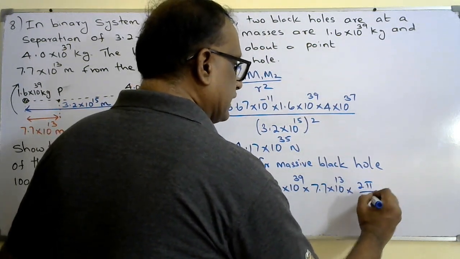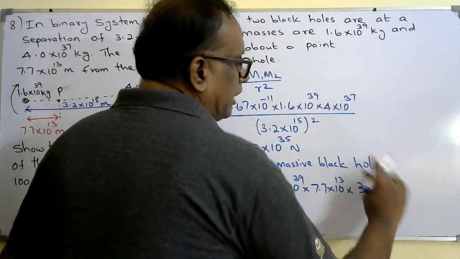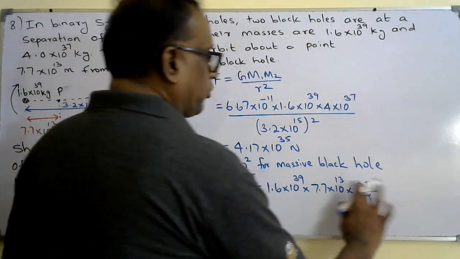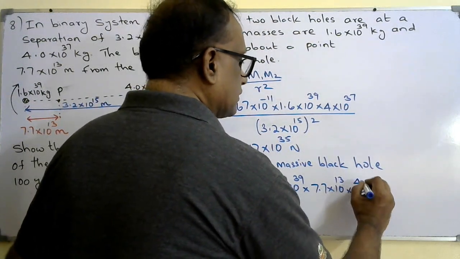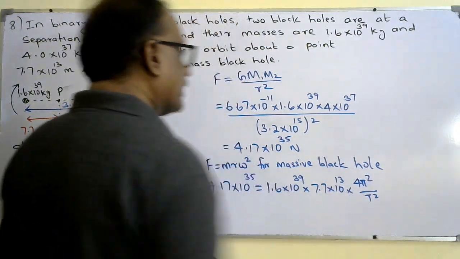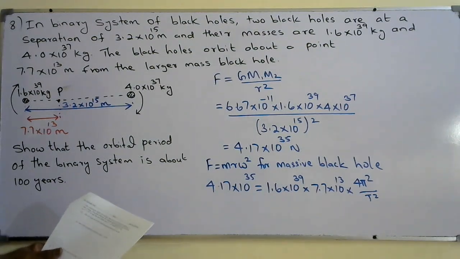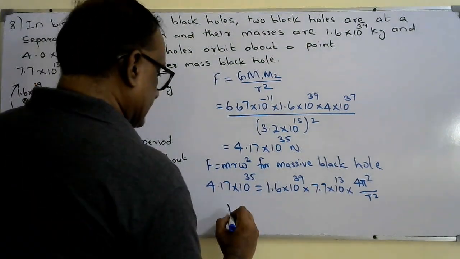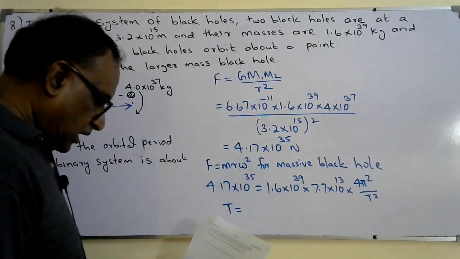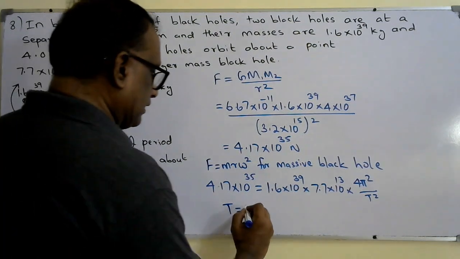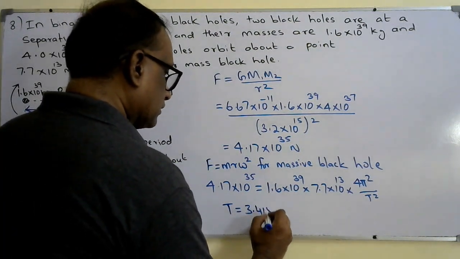So 2 pi over T all squared, I can say 4 pi squared over T squared. Solve it and find the T. So you'll get T is equal to 3.415 × 10^9 seconds.